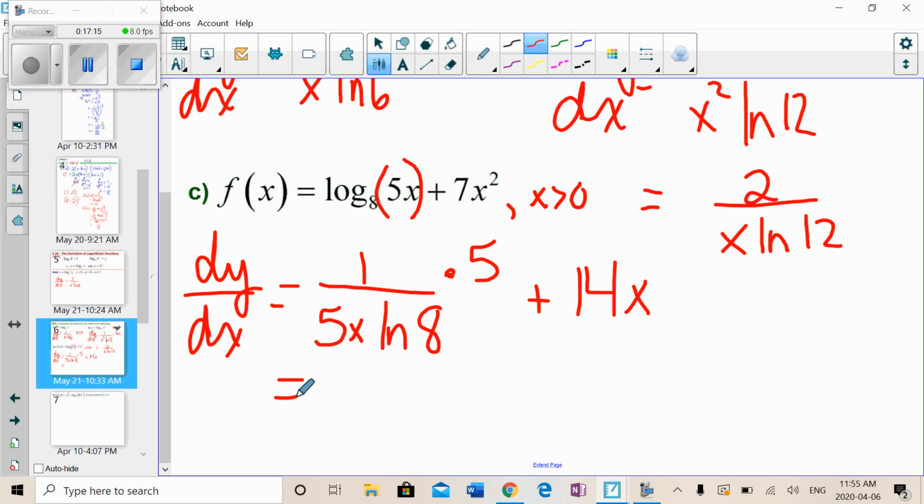Now the 5 on the top and the 5 on the bottom are going to cancel, so you're just going to have 1 over x ln 8 plus 14x. And again, don't forget, x is greater than 0. So they're not really that hard. You just have to learn the rule. It's 1 over the quantity, ln the base, and don't forget to dot the quantity if you need to.